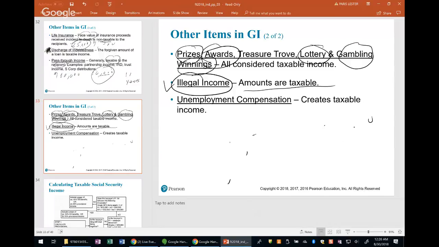Now, a secretary in Vegas, not a secretary, but a waitress in Vegas, she was reporting about $22,000 a year income in tips. And she was driving around a high-priced BMW. Her apartment rent was $2,000 a month.